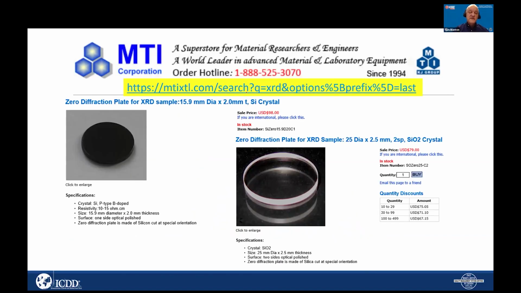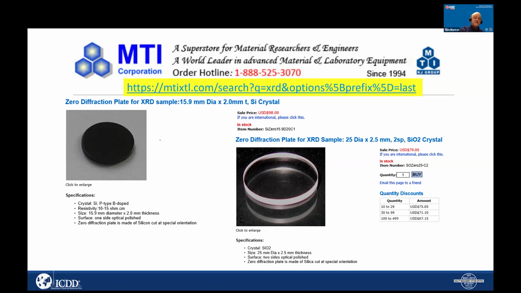So where do you get these silicon or quartz plates? Again, this is just for information purposes. There are 3 sources, and you'll have this information available when the video is made online. This particular group, MTI, will sell the individual pieces that you can mount in your own holder.